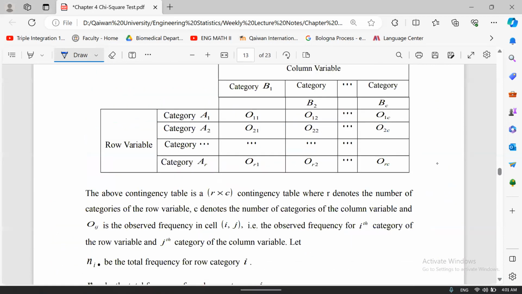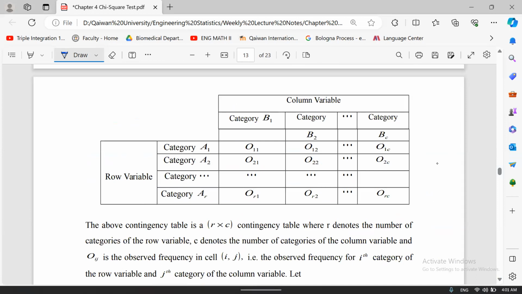Here, generally, if you have a table like this, these are the ones which are given, and these also which are given are the observed frequencies. So all the given data are the observed frequencies.